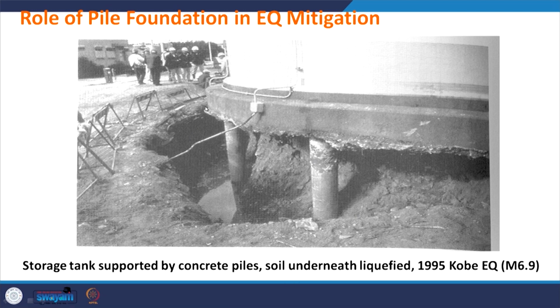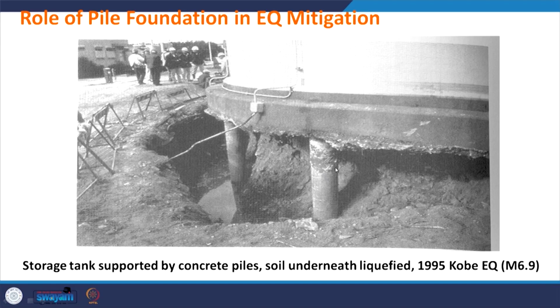However, there was no damage to the tank, and the reason being this tank was situated on pile foundations and piles were passing through the liquefiable soils, but resting on the hard strata. So, later investigations have pointed out that there was some small damage, like we could see in this figure on the piles, but there was no damage at all to the tank.